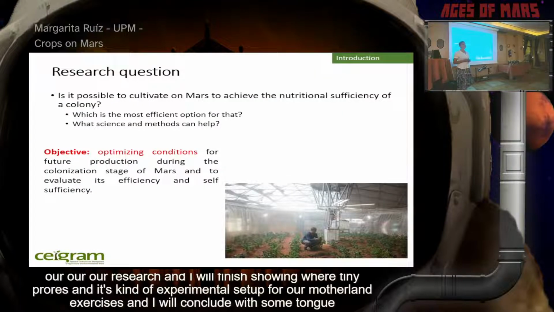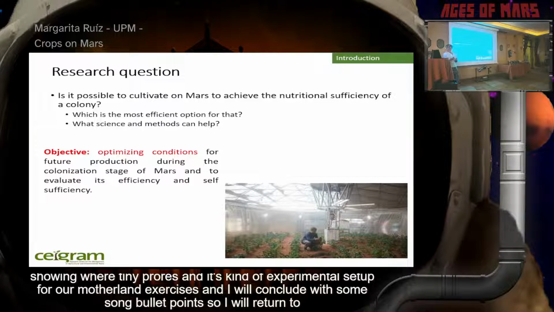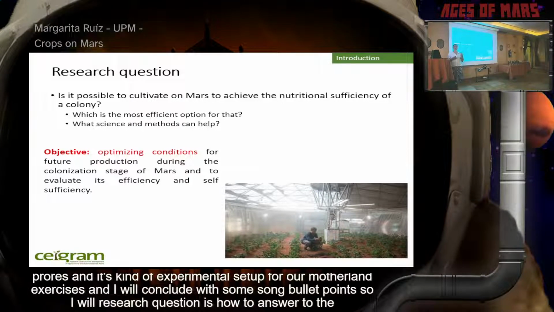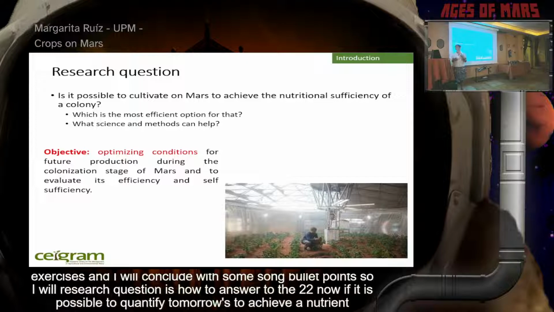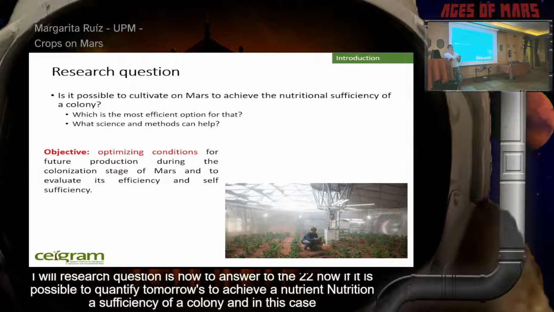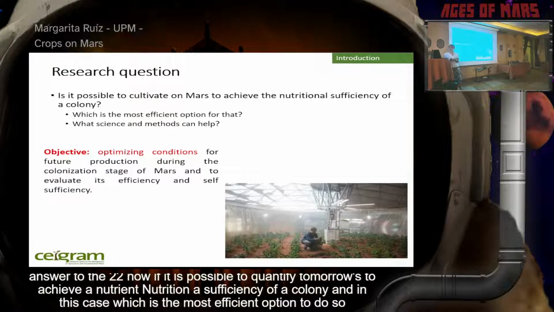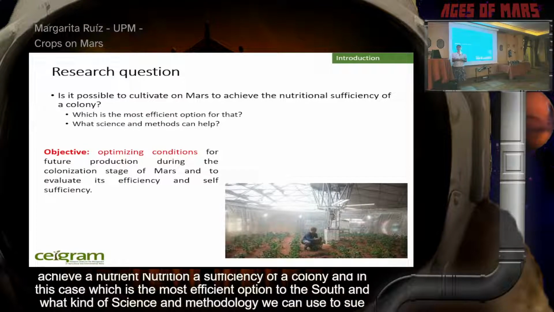some bullet points. So our research question is to know if it would be possible to cultivate on Mars to achieve nutritional sufficiency of a colony, and in this case, which is the more efficient option to do so, and what kind of science and methodology we can use to support this endeavor.